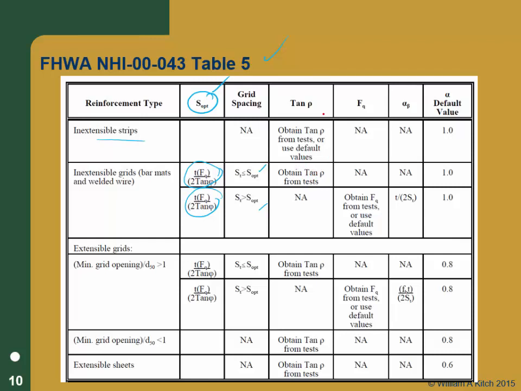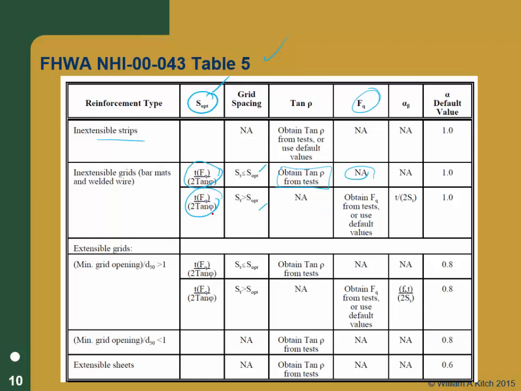So if you have spacing less than the optimum, you don't have any bearing. So FQ is going to be ignored, and all of your capacity is going to come from the interface friction angle, and you're going to have to measure that.